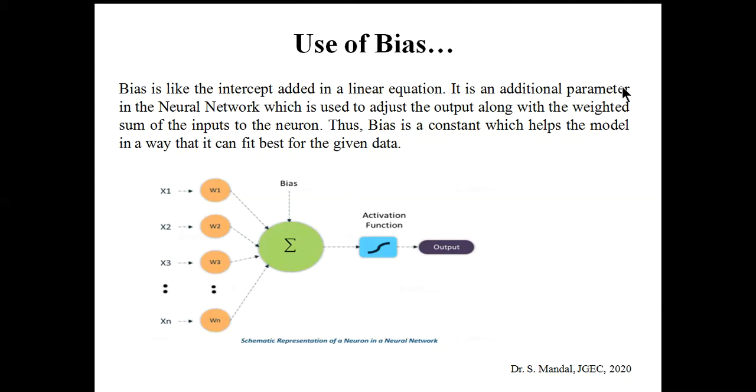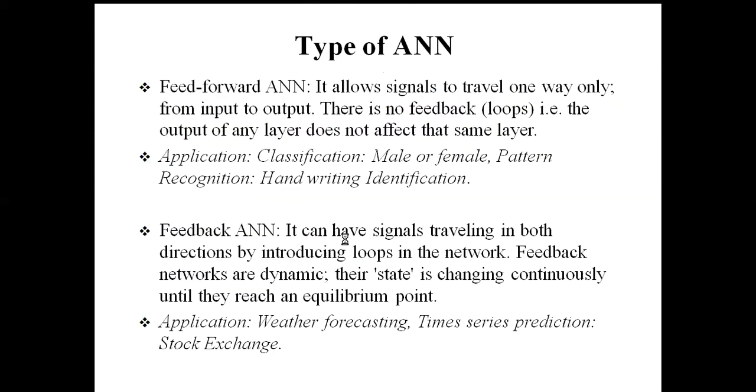We can define it like this: it is an additional parameter or constant in the neural network, used to adjust the output along with the weighted sum of the inputs of the neuron. It helps the model fit best with the given data. So this is basically the ultimate artificial neural network structure.